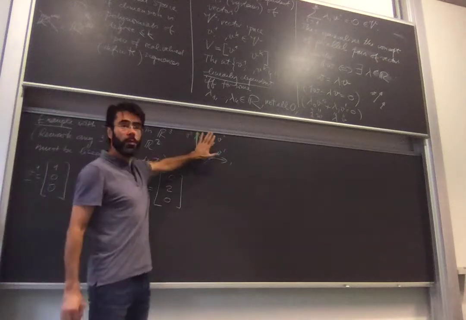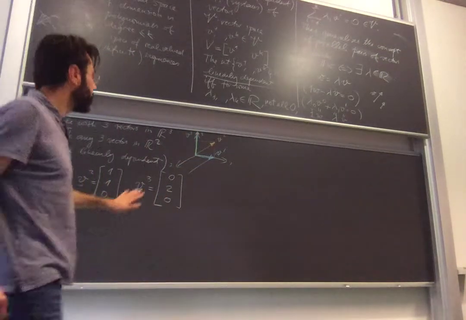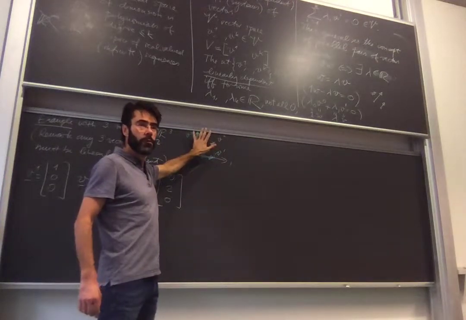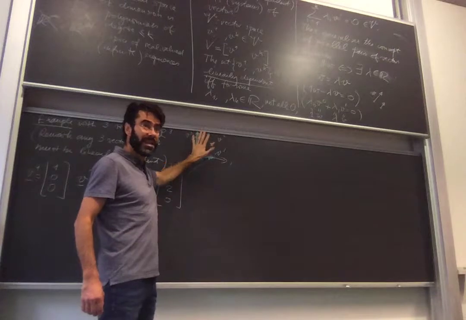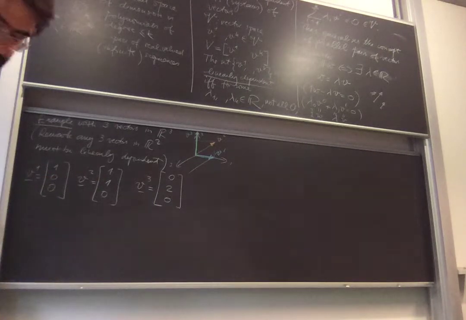So all three vectors are in the same plane, right? Which plane? They are in the xy plane, or 1, 2 plane, right? So that's essentially the geometric meaning of linearly dependent. With three vectors you could build the whole space, right? But this is not possible with these. That's the whole point of linear dependence and independence.